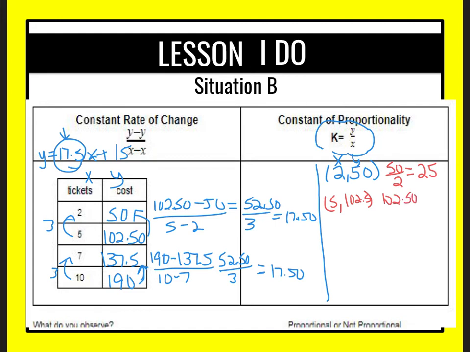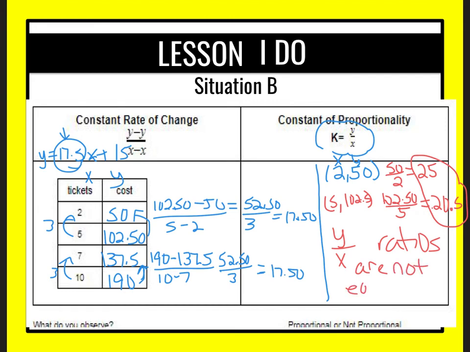So 102.50 divided by 5 is going to equal $20.50. So right away, I'm going to say, wow, my ratios of y over x are not equal. Therefore, this is a clue that I do not have a proportional relationship. My ratios have to be equal in order to be proportional.